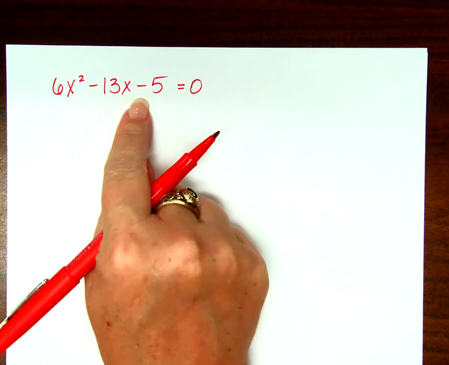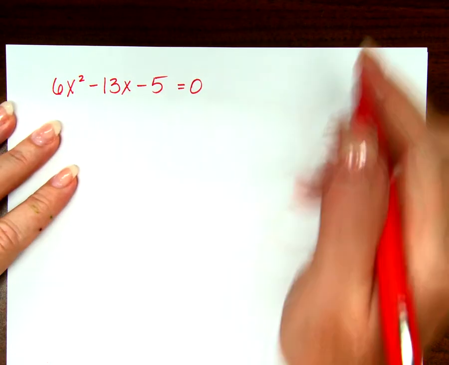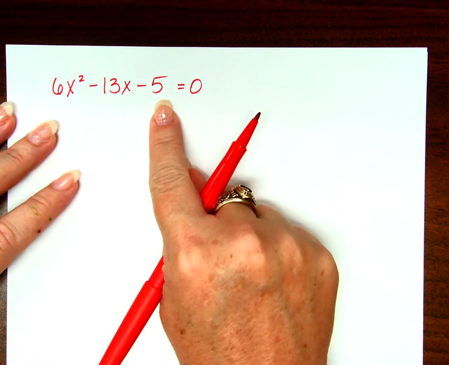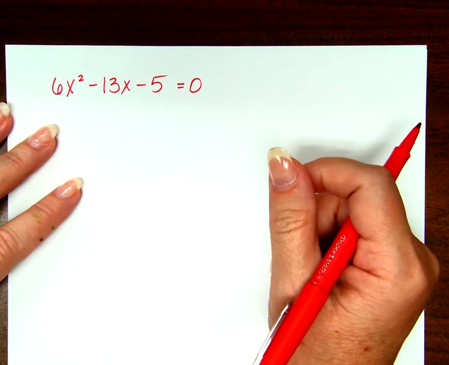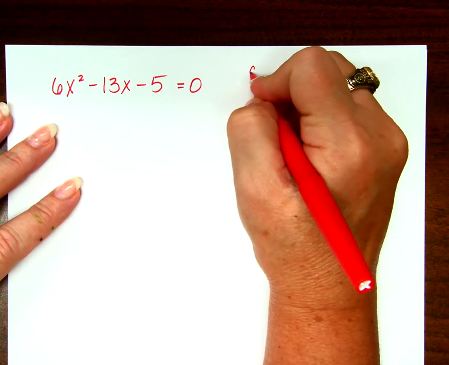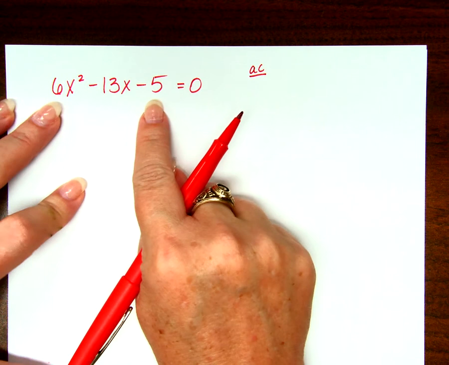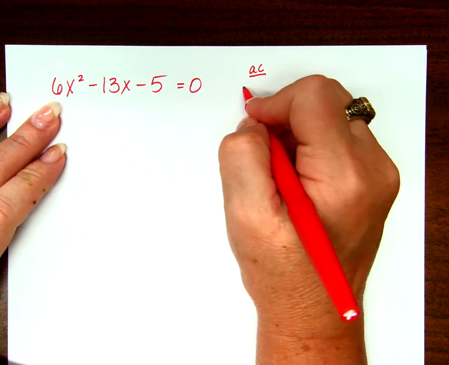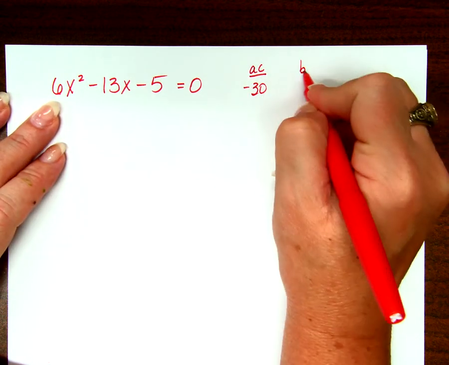So just as a reminder, this is a trinomial. There's no greatest common factor. If there was, we would take that out first, right? So let's do AC. What's AC for this problem? Negative 30. What's B for this problem?